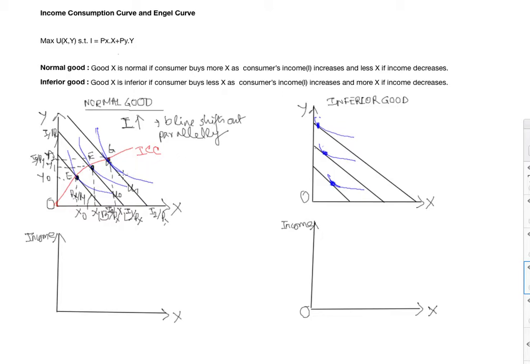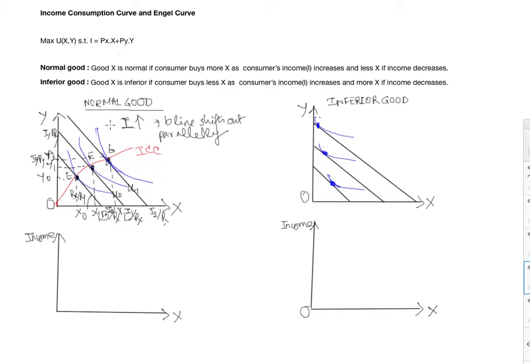The income consumption curve shows equilibrium combinations of goods X and Y, equilibrium meaning the consumer is maximizing utility subject to the budget constraint, as the consumer's income increases. The income consumption curve traces that path.